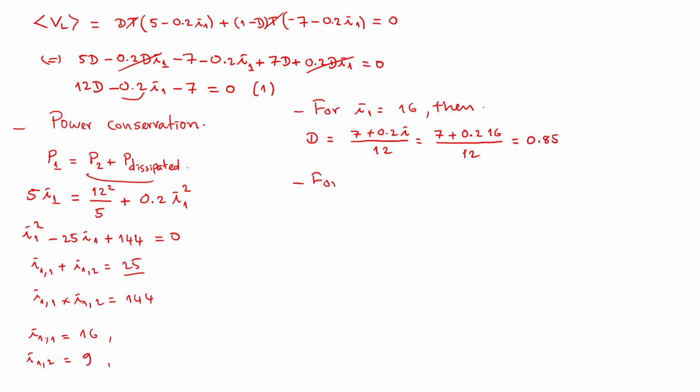And then for I1 equal to 9, D equal to (7 plus 0.2 I1) over 12, which equals 0.73.